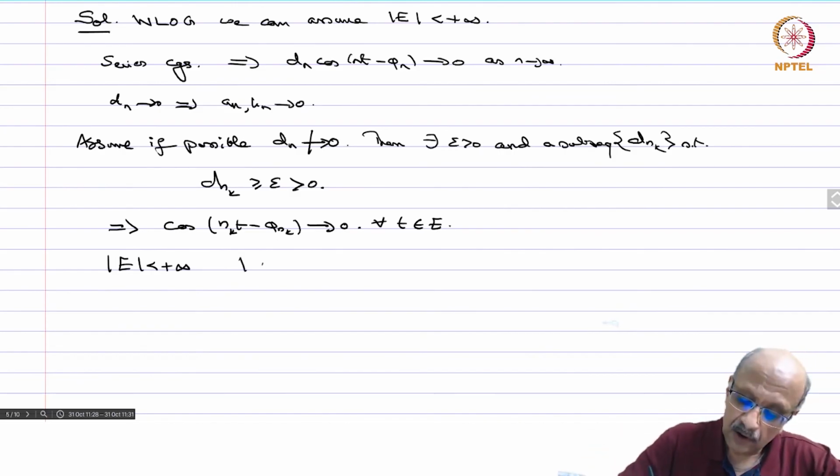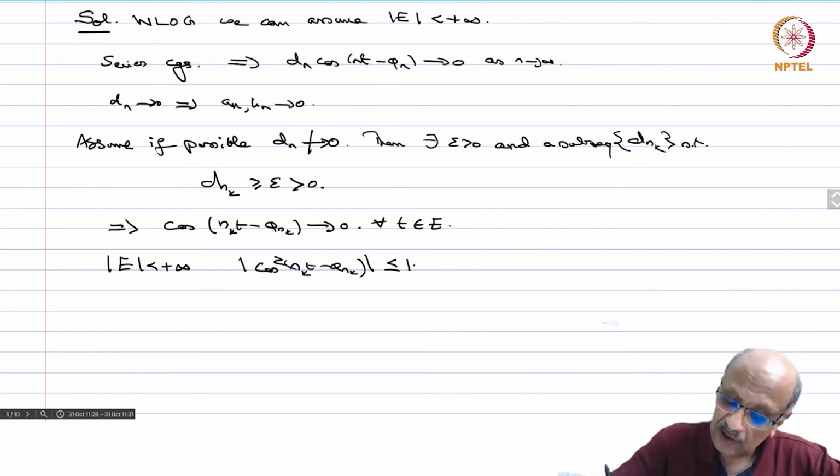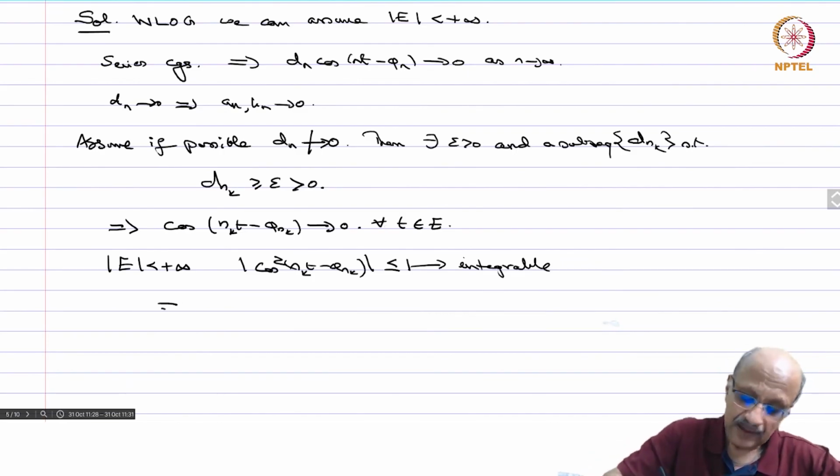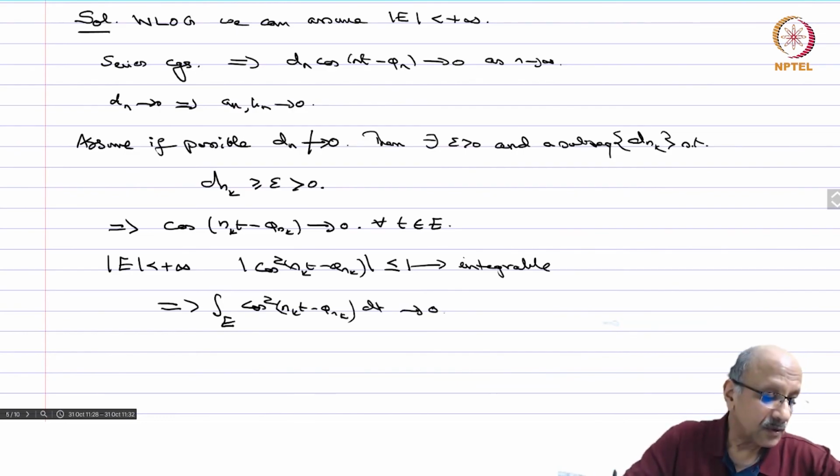And you have mod cos square(n_k t minus phi_{n_k}) is less than or equal to 1, and this is integrable, and cos(n_k t minus phi_{n_k}) goes to 0, and therefore this implies that the integral over E of cos square(n_k t minus phi_{n_k}) dt tends to 0.